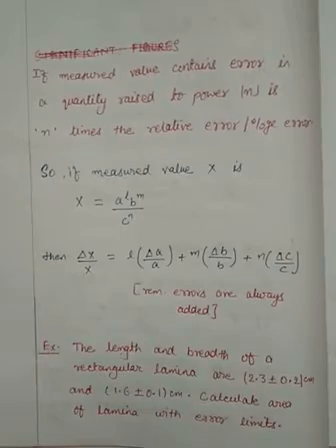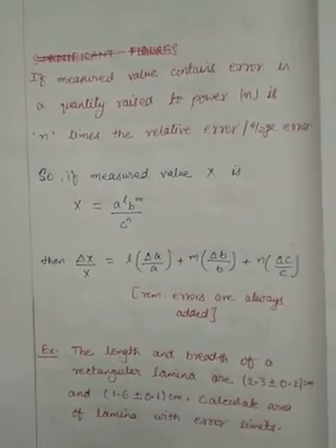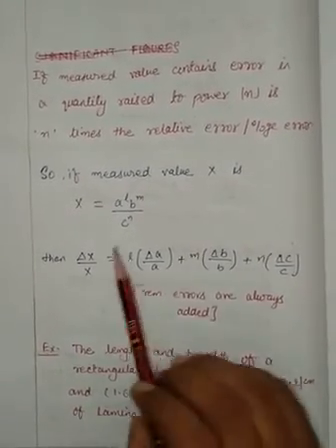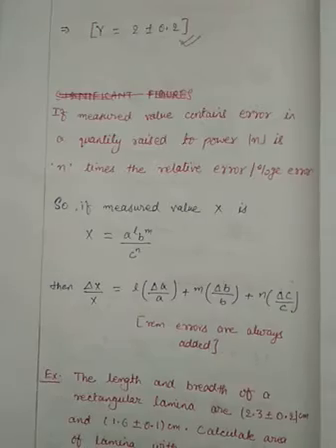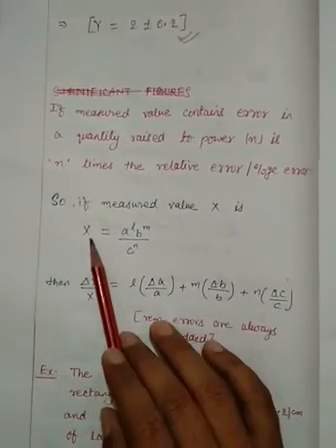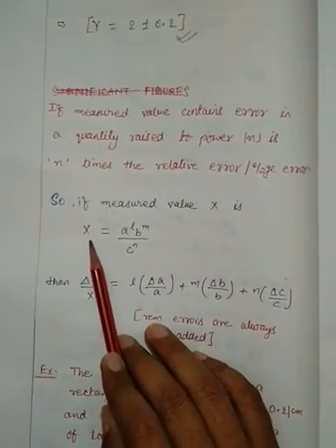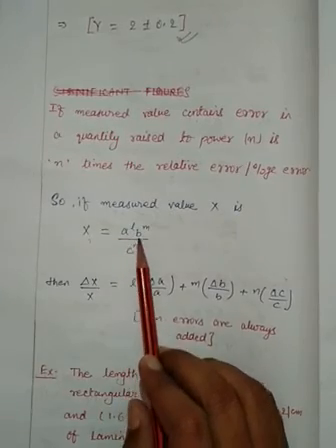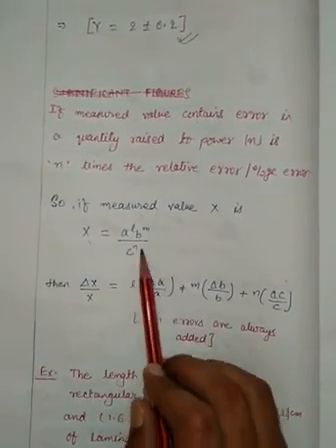To make it make more sense, let us first take a variable example, then I will apply it to a numerical example. Let us say a measured value is X, and the measurement is expressed in terms of a raised to l, b raised to m, divided by c raised to n.